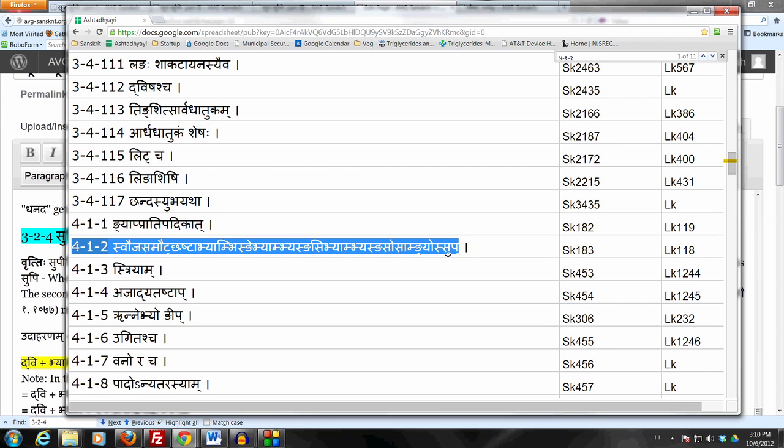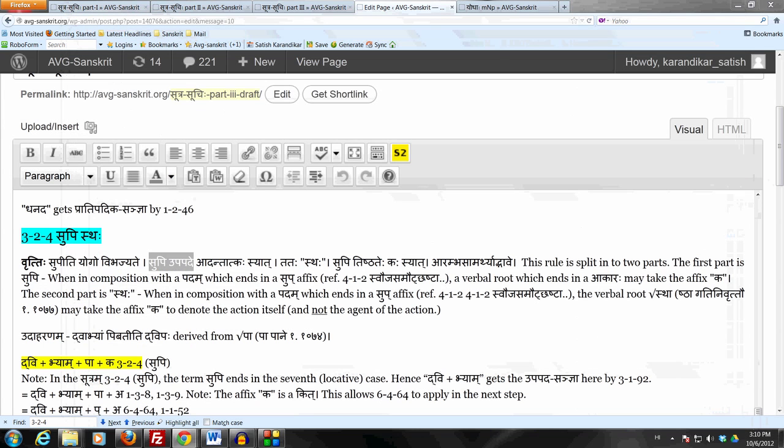So when we have a padam which is in composition and the padam is ending in a sup affix, this is not necessarily karmanya upapade. It's only supi upapade. Could be any case ending, not only the second case ending. So this is a more general sutram in terms of the upapadam.